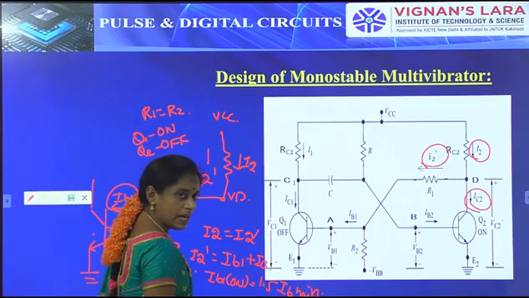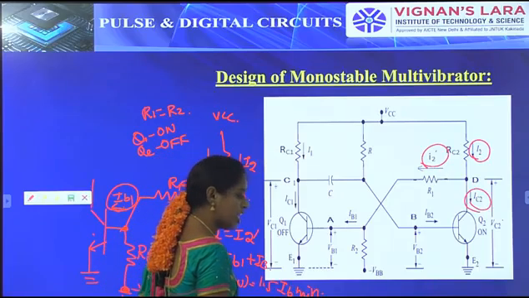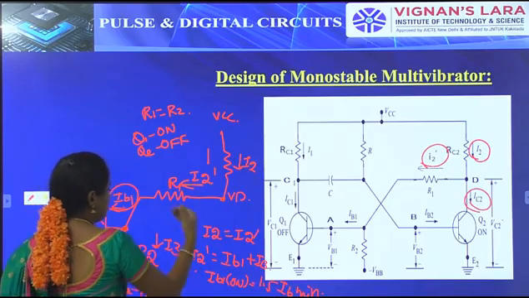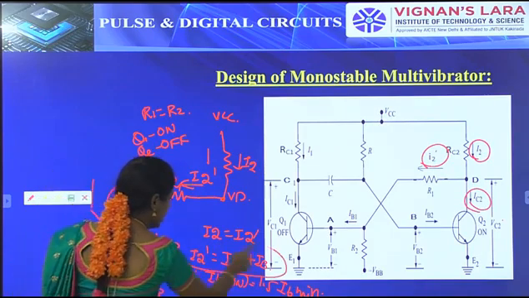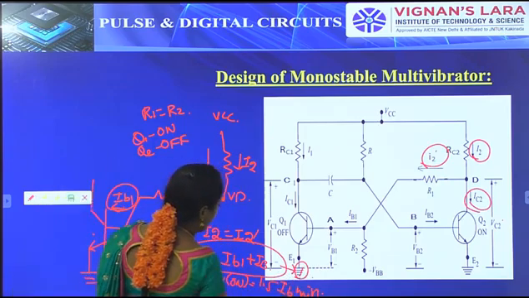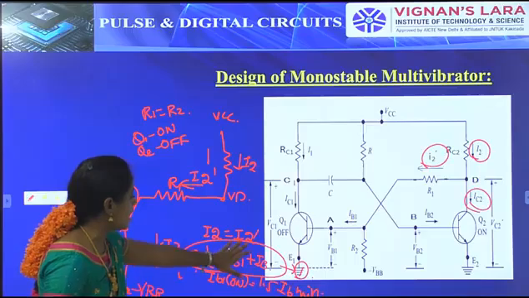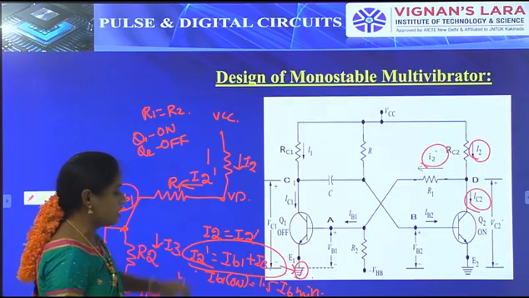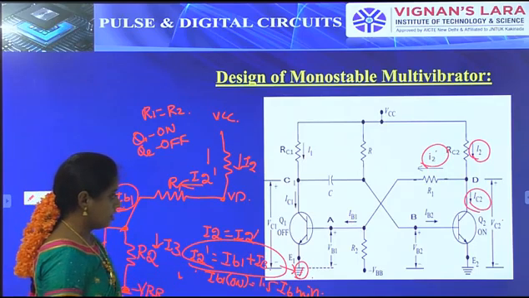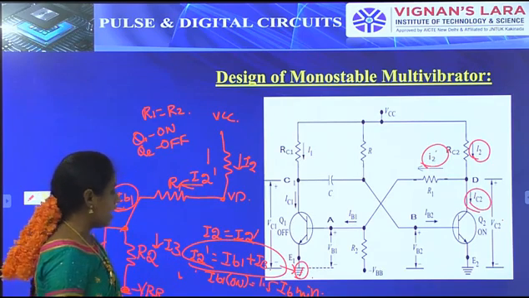What is IB minimum? IB minimum is equal to IC sat by HFE. These values we present in this equation. I treat this one as equation 1, and by finding I2 dash, IB1 and I3, we substitute the values in this equation, then we get R1 and R2.